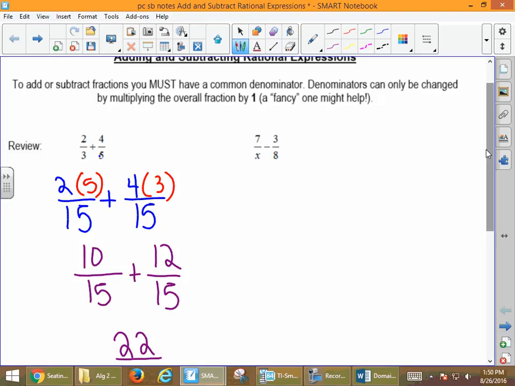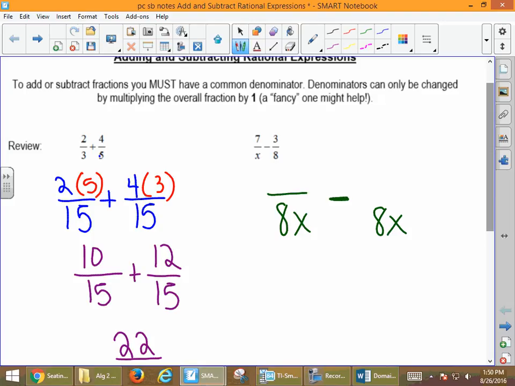And that will always give you a common denominator if you multiply the denominators together. It might not always give you a least common denominator. So we're going to try to work on finding least common denominator as we go through the notes today. X times 8 is 8x. So we're going to have our common denominator of 8x.